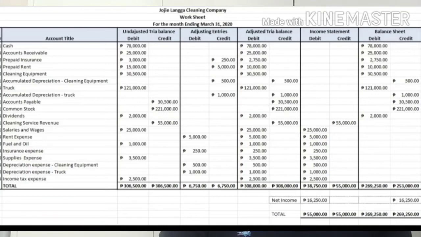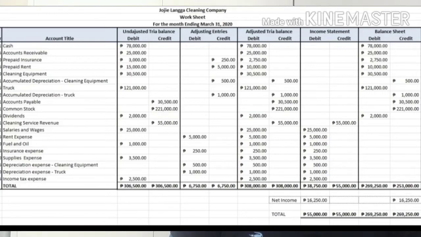So the total debit in the balance sheet is 269,250, and the total credit is 253,000. Basically, they call it the balance sheet because assets equal liabilities plus stockholders' equity, and it must be balanced. So what is the difference? The difference is related to income.